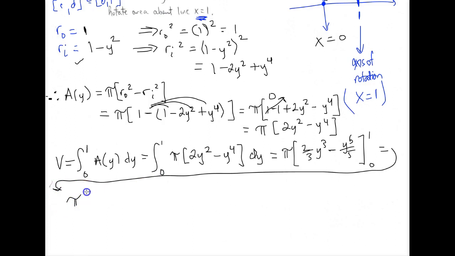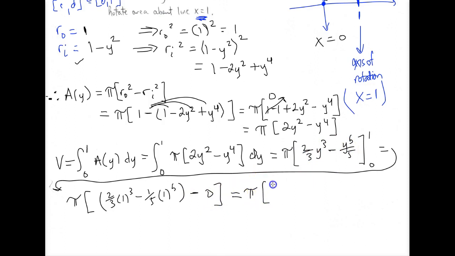So we got pi, and then of course when we plug in 1, we'll have 2/3 times 1 cubed minus 1/5, 1 raised to the 5. And then for the second one, we plug in 0, it'll be 0 for both terms there. So we just put 0.